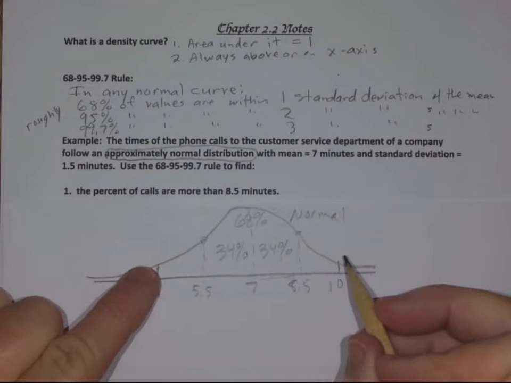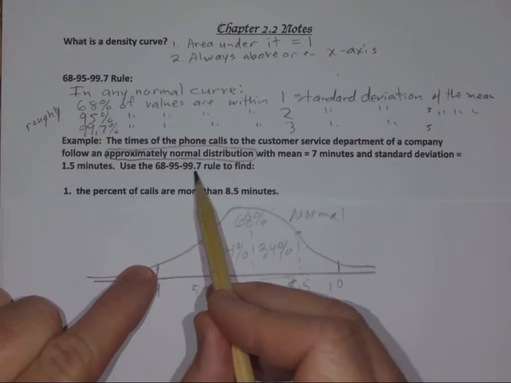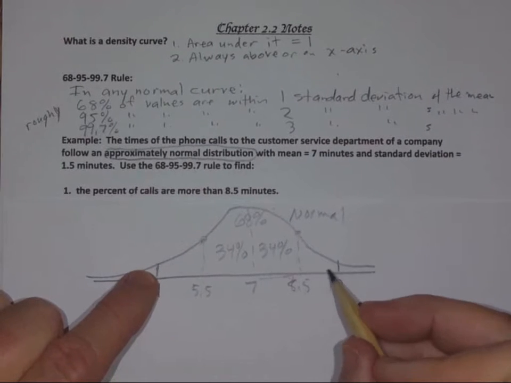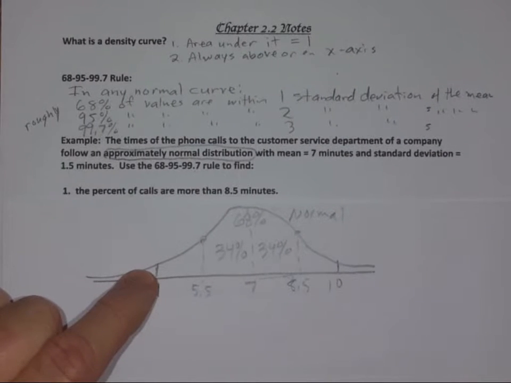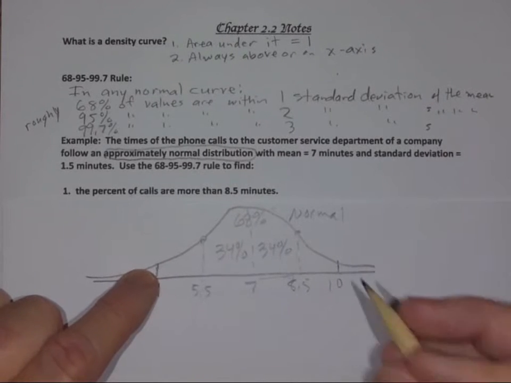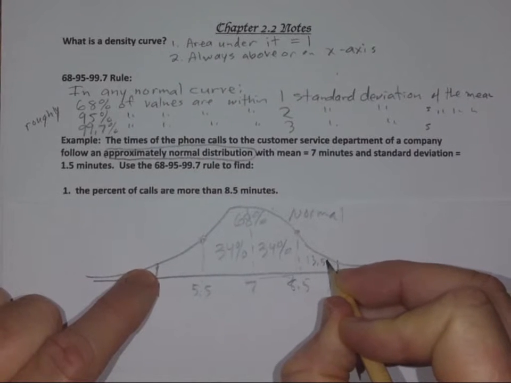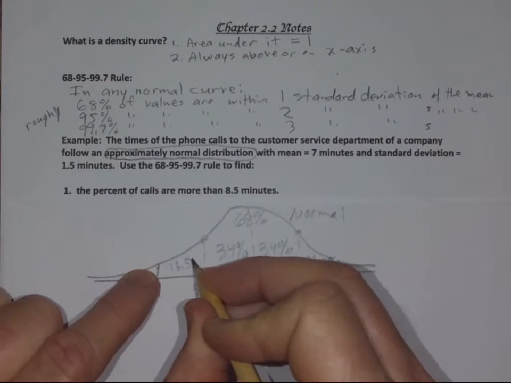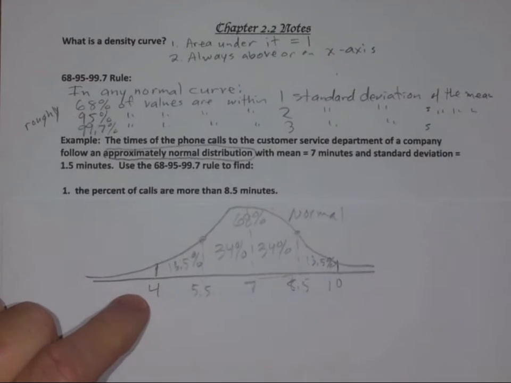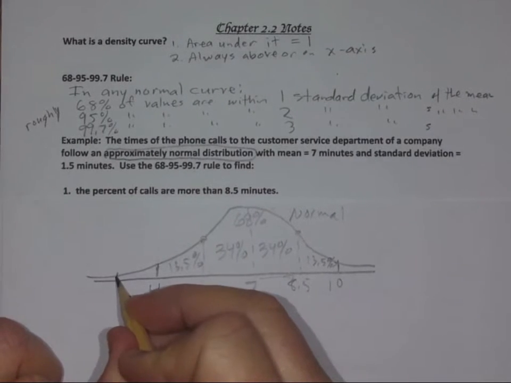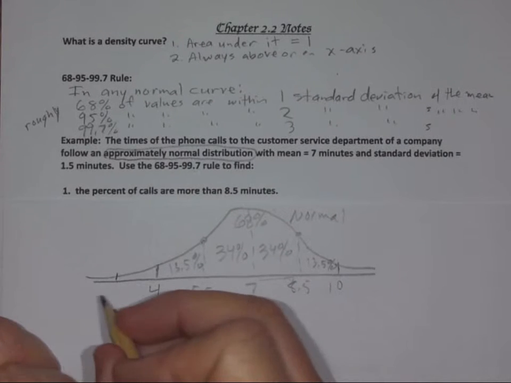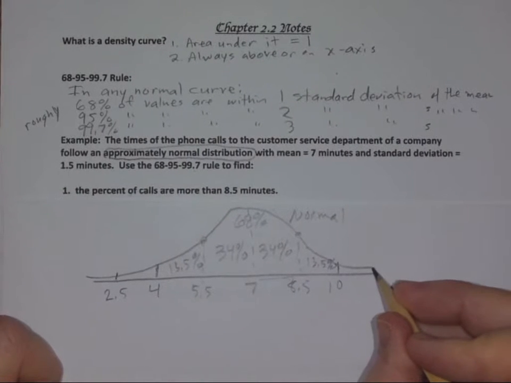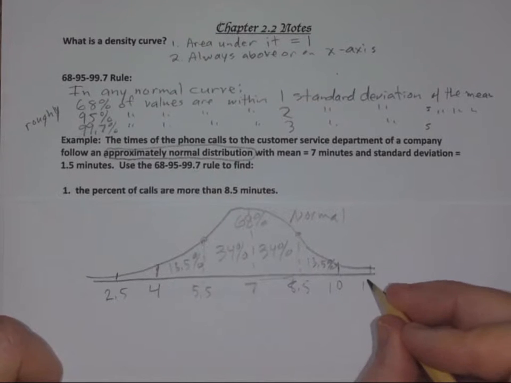So how far out have I gone? Well, according to the 68, 95, 99.7 rule, the area of these two things is going to be 95 minus 68, and that, in fact, is 27. If I divide that by 2, each of these areas is 13.5%. Then if I go out 3 standard deviations, I'd subtract 1.5 there, so that would be 2.5, and go up 1.5 there, so that would be 11.5.